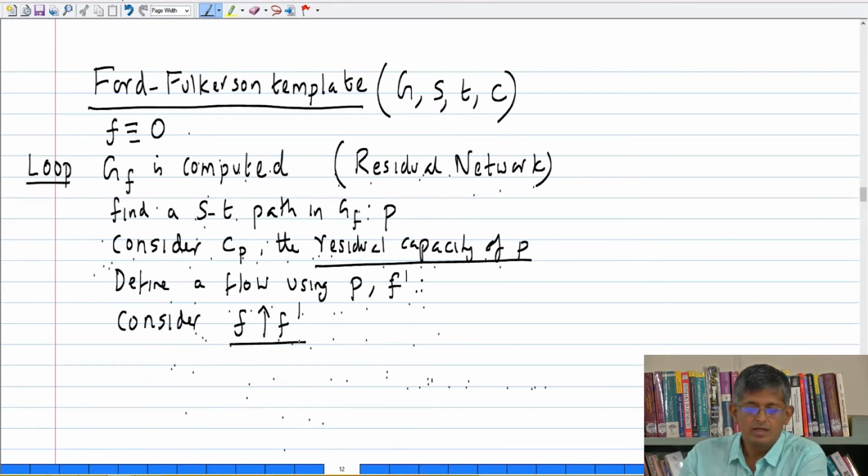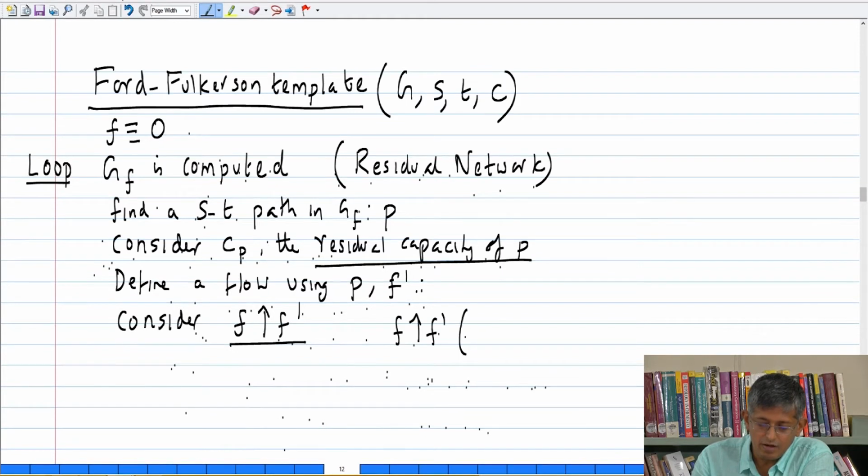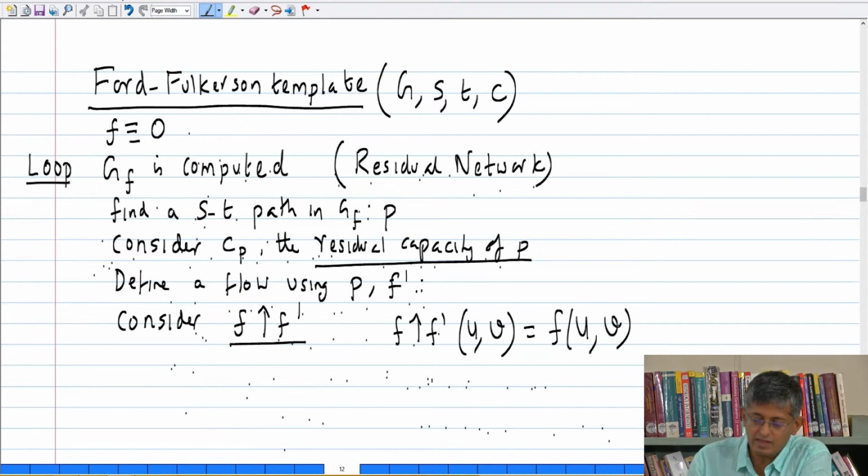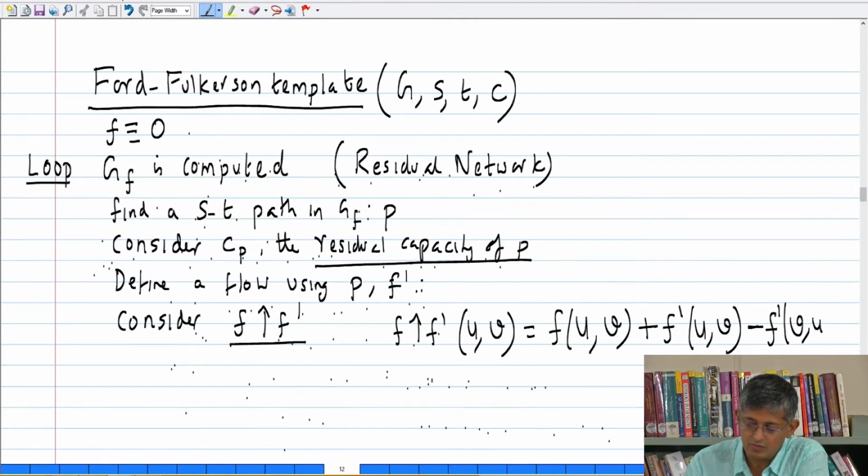Now, let me in the reverse order define the values of these parameters. So, f augmented with f prime of u comma v will be equal to f of u comma v, which is the flow that you started out with at the beginning of the loop, plus f prime of u comma v minus f prime of v comma u.